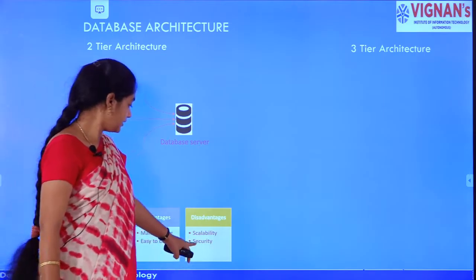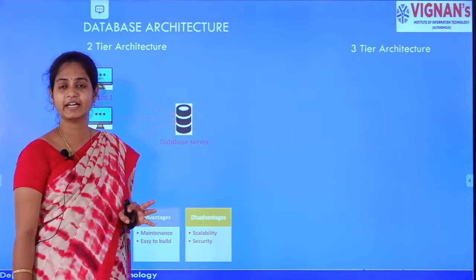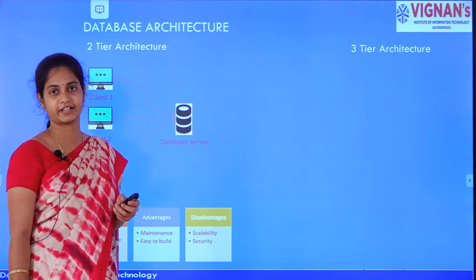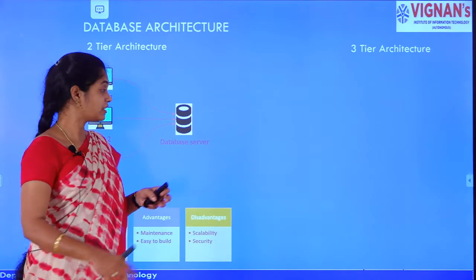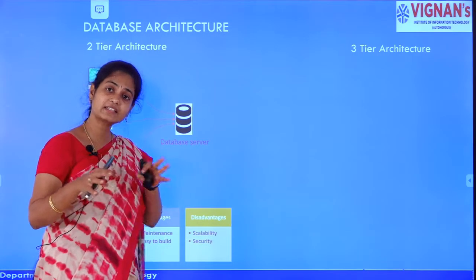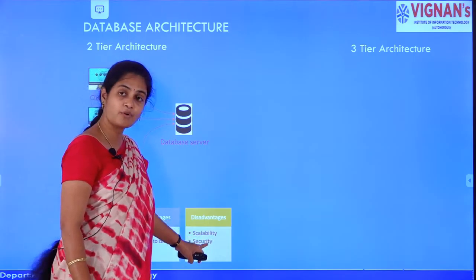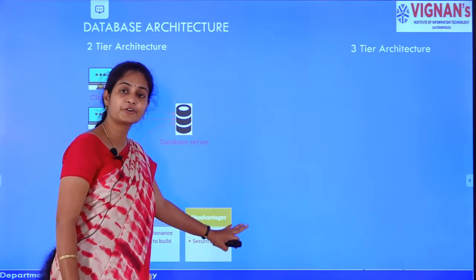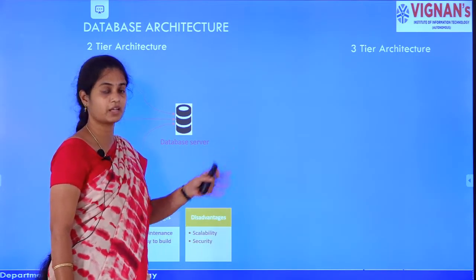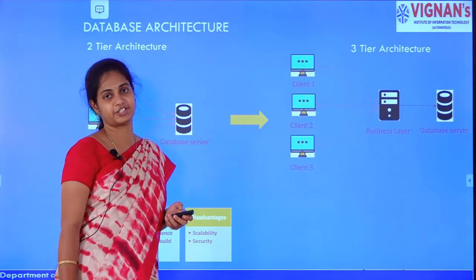So, that is a disadvantage of the two-tier architecture, the client-server architecture. This is not considered the biggest disadvantage, and we are still using client-server architecture, but to maintain more security and to give control mechanisms to all queries, we have moved to three-tier architecture.